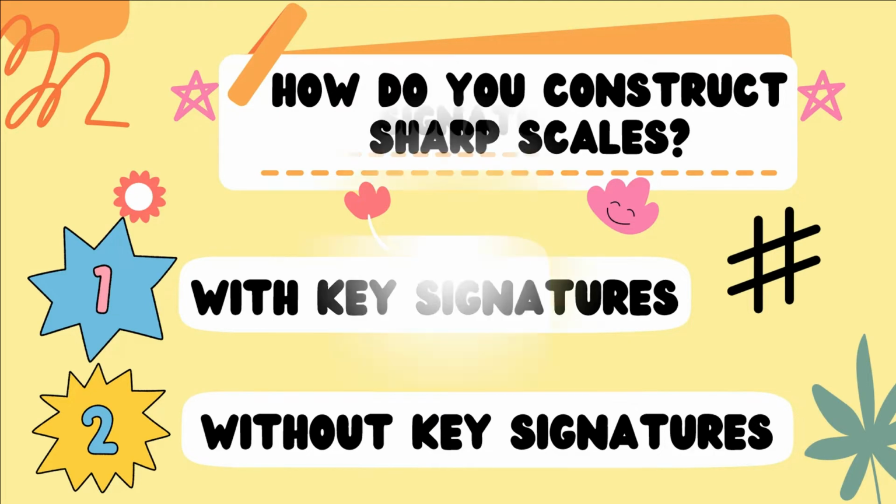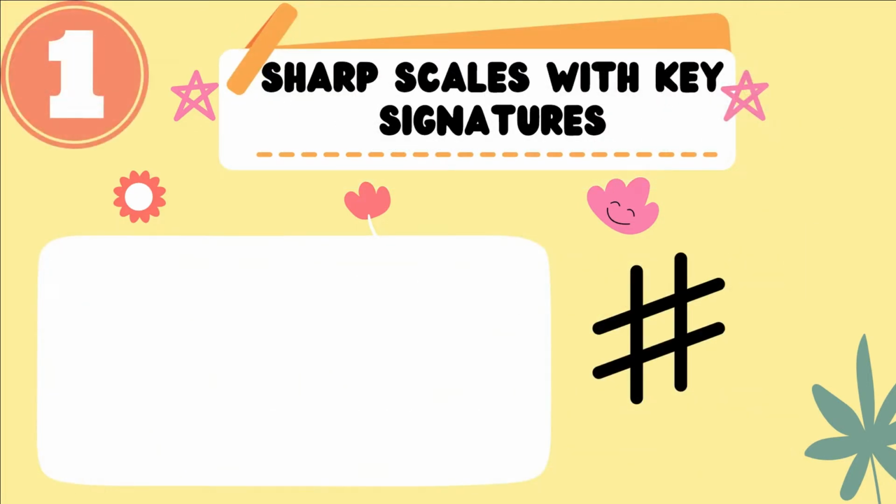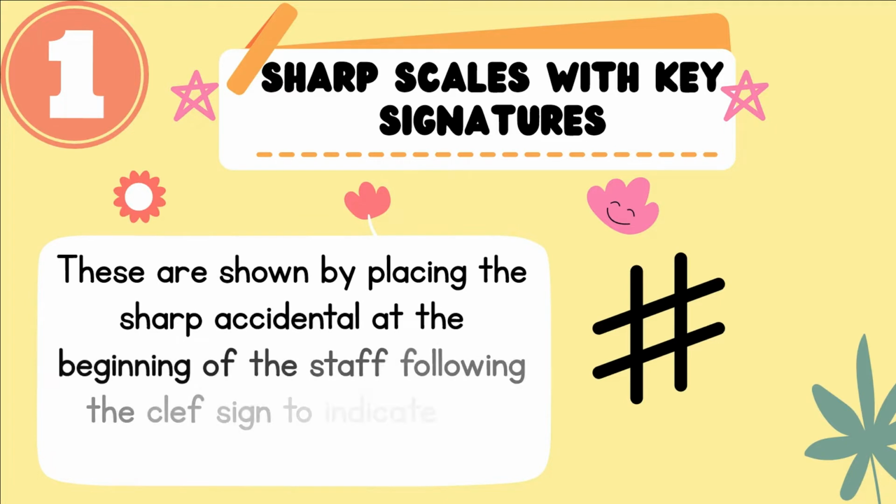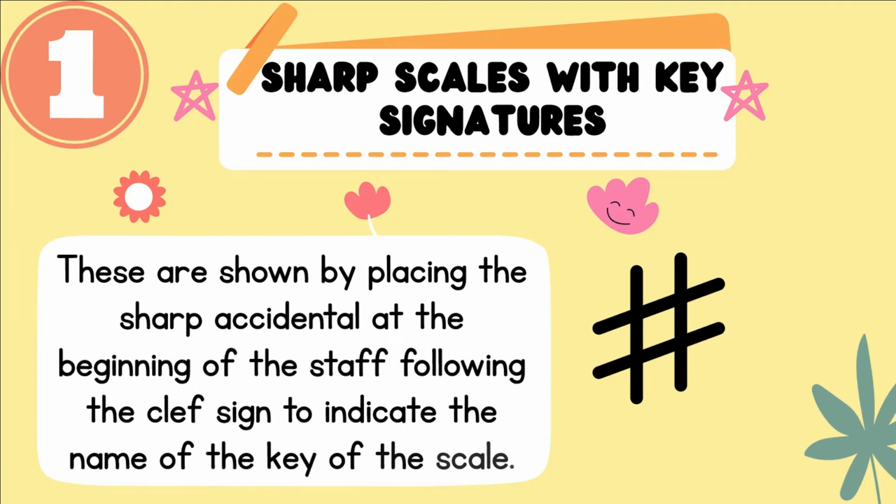Let's go to the first one, the sharp scales with key signatures. Now, what do we mean by sharp scales with key signatures? What we mean is that the sharp accidental is placed at the beginning of the staff, following the clef sign, to indicate the name of the key of the scale.